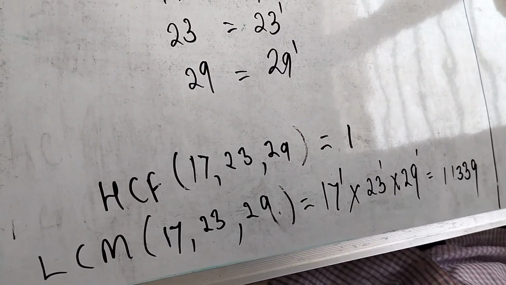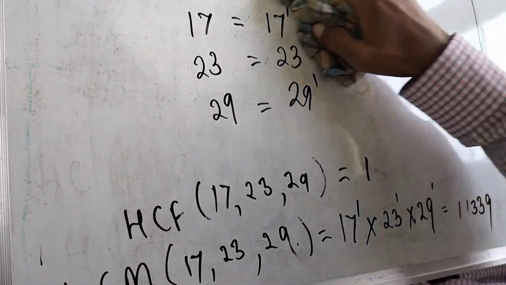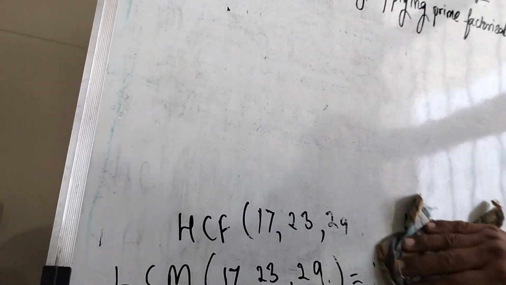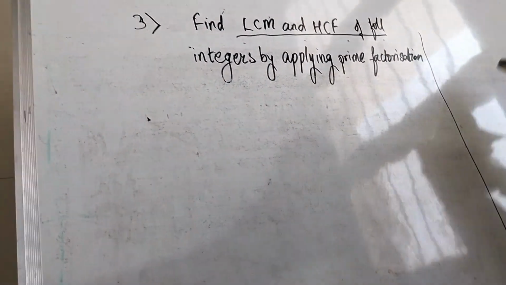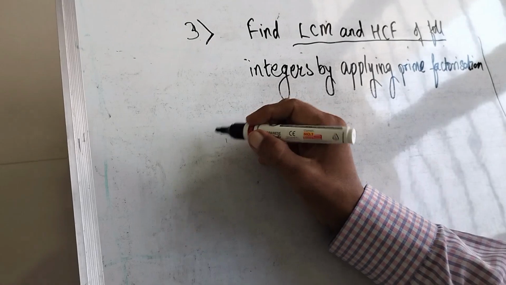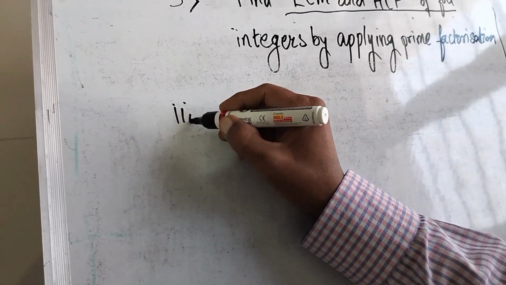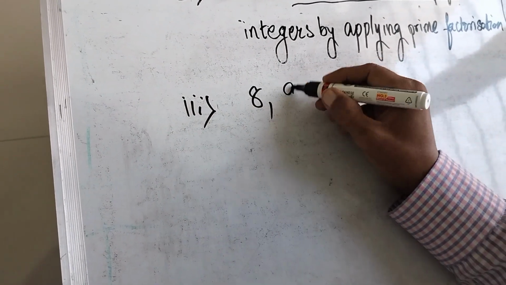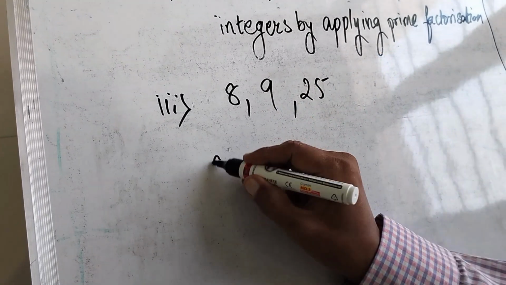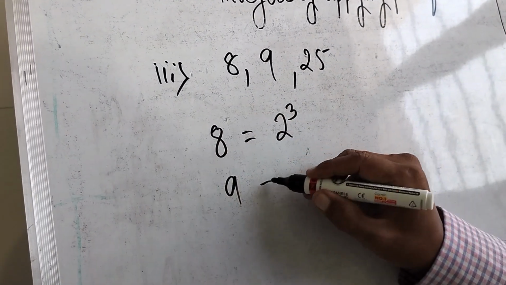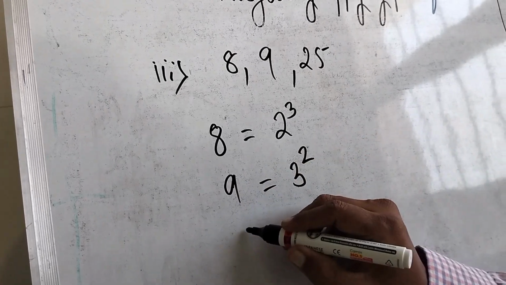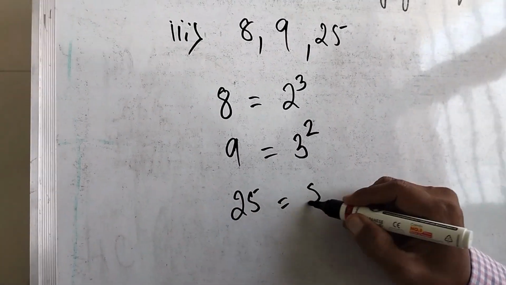Now the third sub question for this question is 8, 9 and 25. What are the factors of 8? 2 raised to 3, 9 is 3 raised to 2 and 25 is 5 raised to 2.